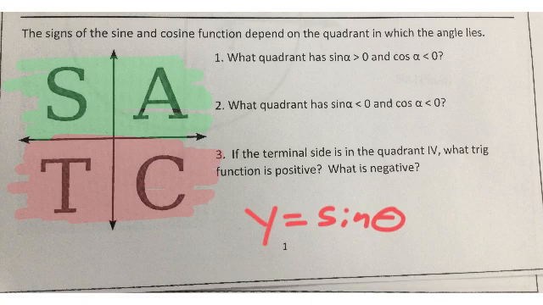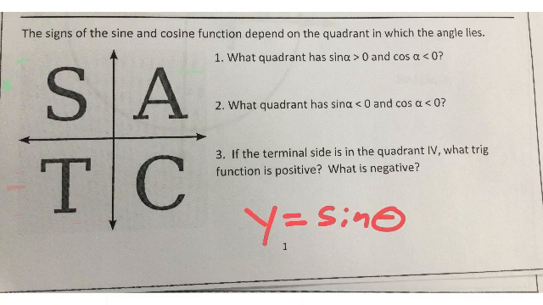Now, if you think about cosine, cosine is my x value. So where are my x's positive? My x's would be positive when I'm shading to the right side of the y-axis. Right here is where x's are positive. Right here is where x's are negative.